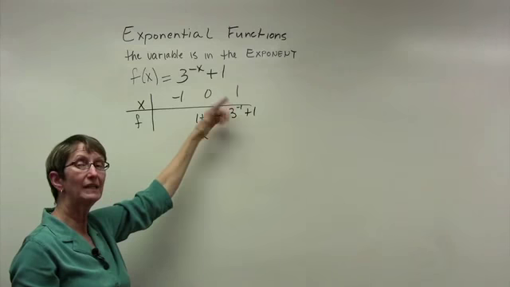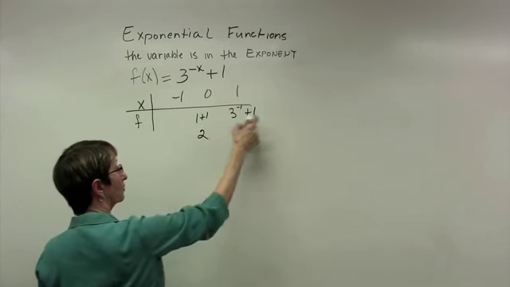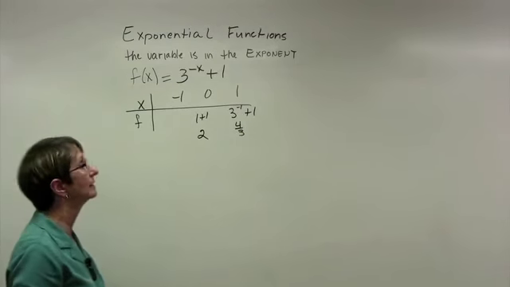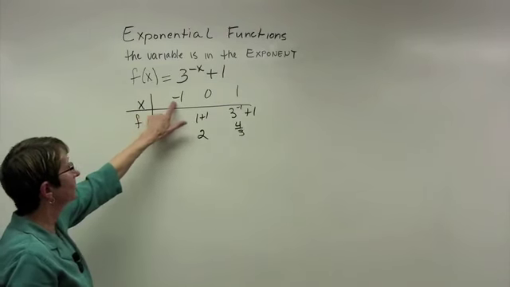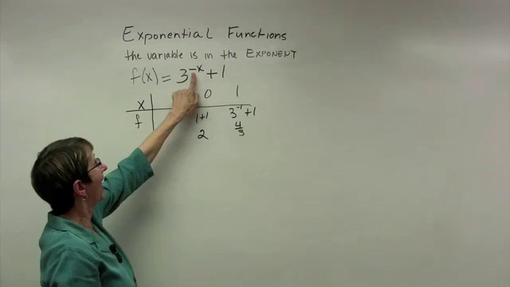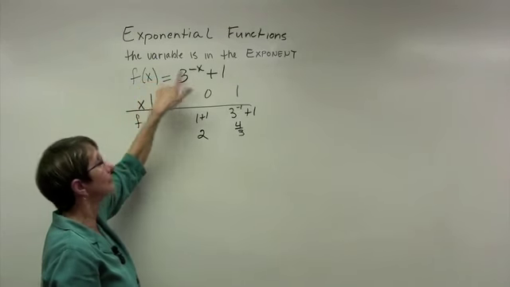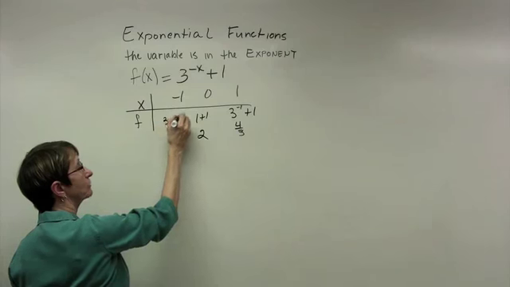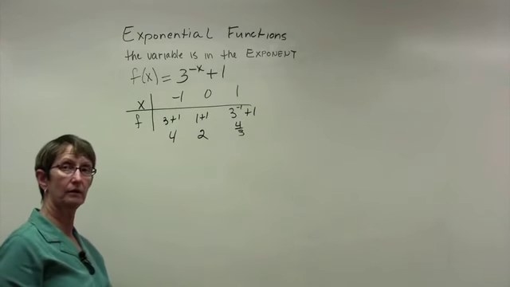Remember, 3 to the negative 1 is 1/3. 1/3 plus 1 is 1 1/3, or 4/3. If I put in negative 1, the negative of negative 1 makes it positive 1. So this is 3 plus 1, which is 4.